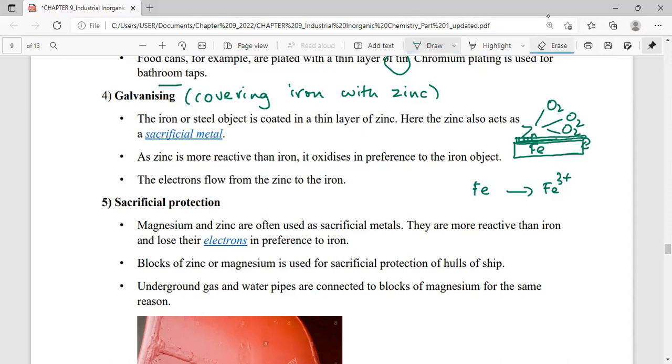So here, even if the zinc corrodes, let me repeat this again.